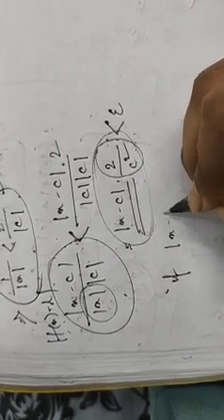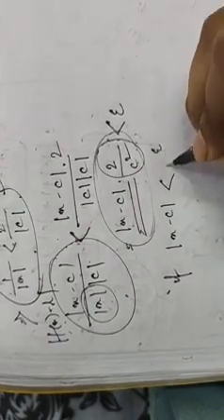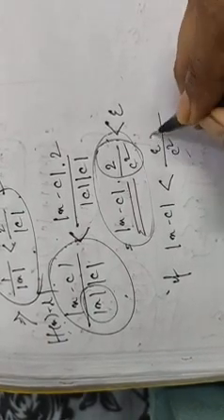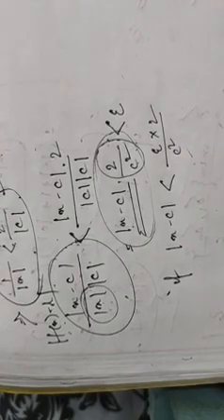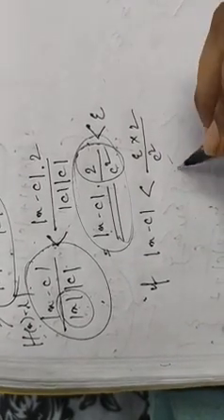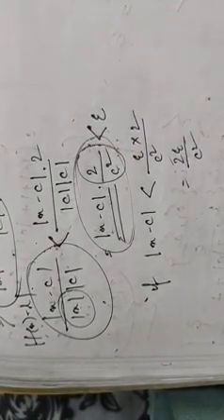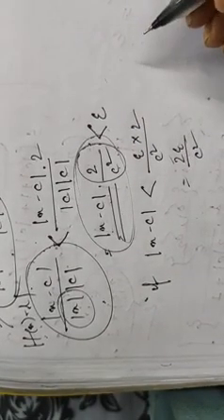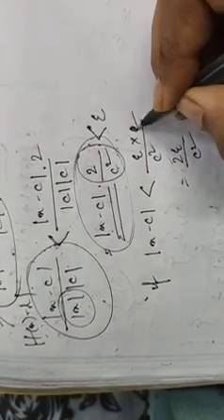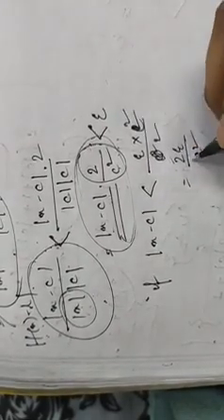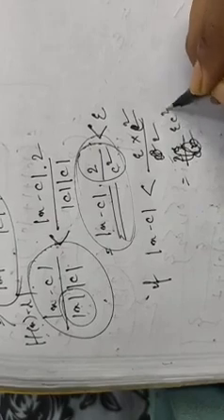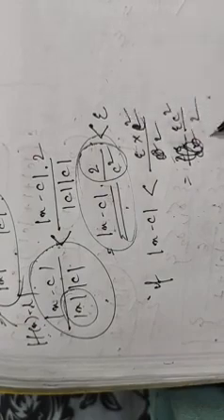So if |x minus c| is less than epsilon c square by 2, then the whole quantity is less than epsilon.